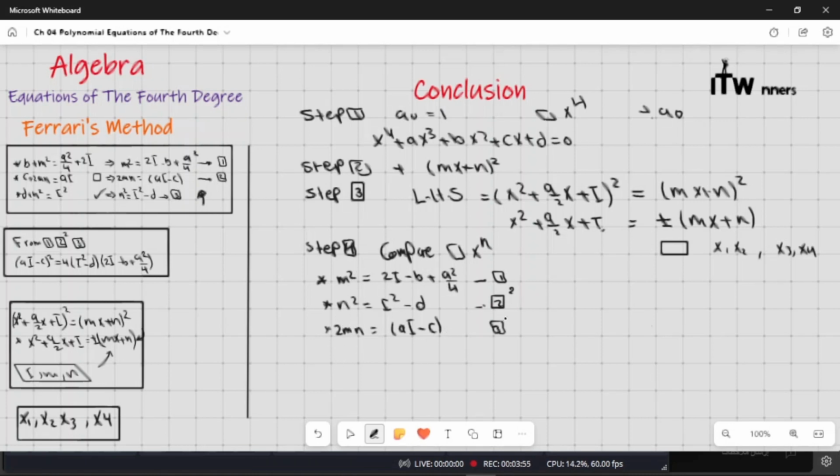And from square of the second equation, by substituting with m square and n square in the last one, sorry, we just replace this.